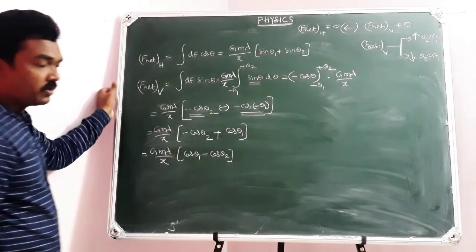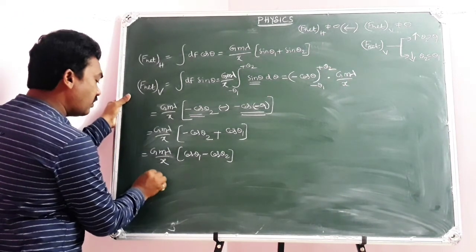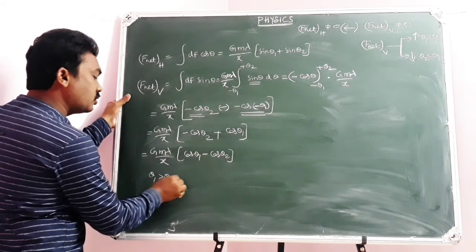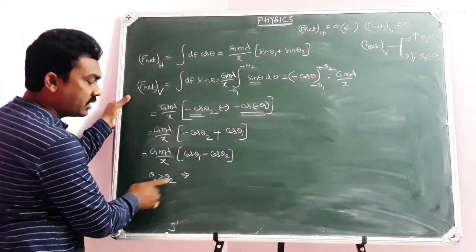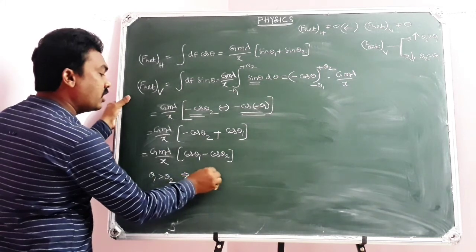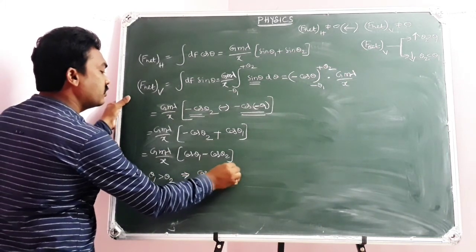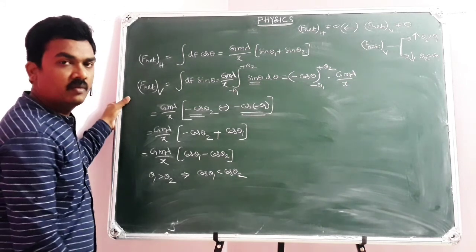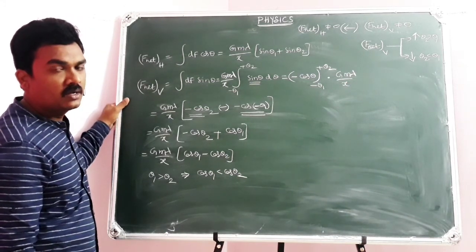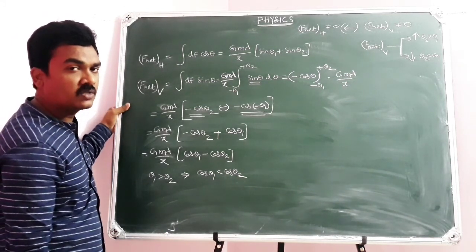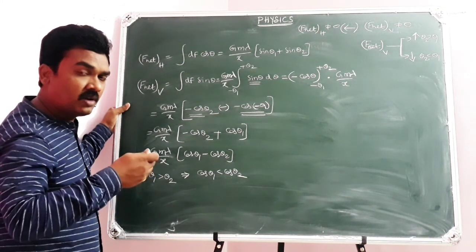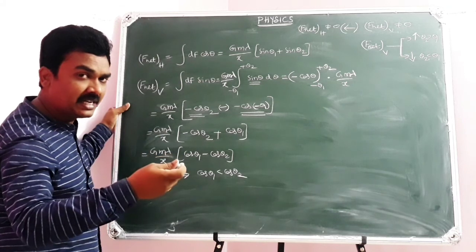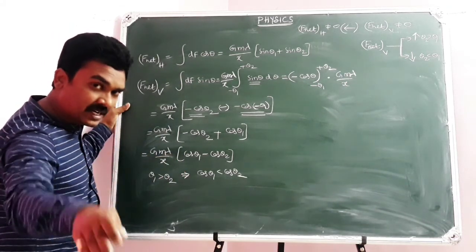Now the interesting point is, if theta 1 is greater than theta 2, then cos theta 1 is less than cos theta 2. Because cos 0 degrees is 1, cos 30 degrees is root 3 by 2, cos 45 degrees is 1 by root 2, cos 60 degrees is 1 by 2. So as the theta value increases from 0 to 90, the cos theta value will decrease.